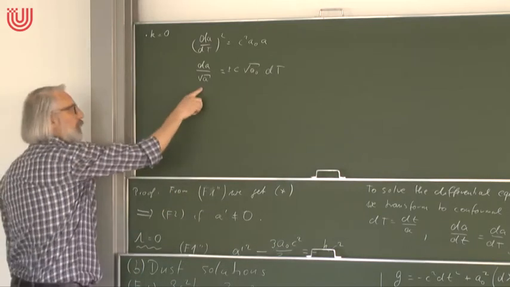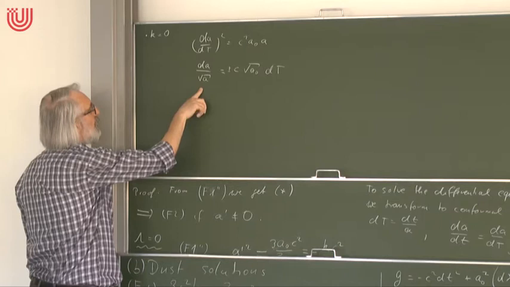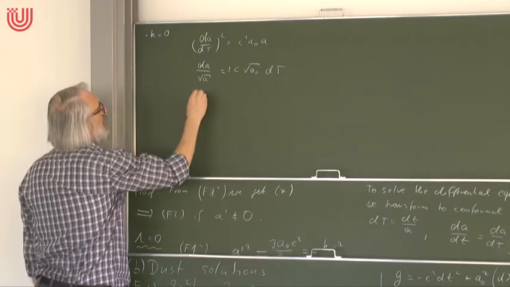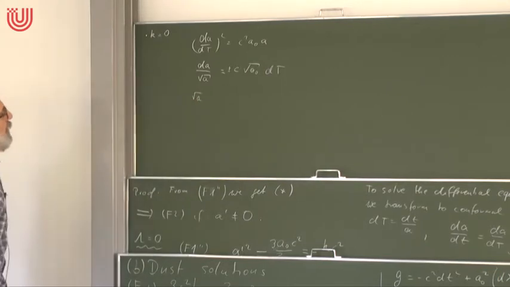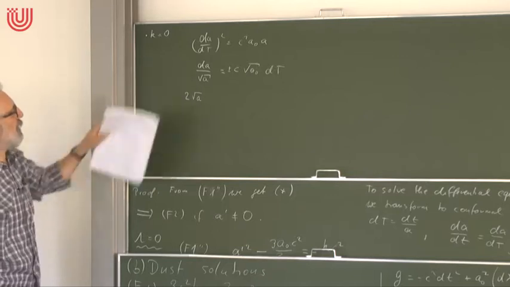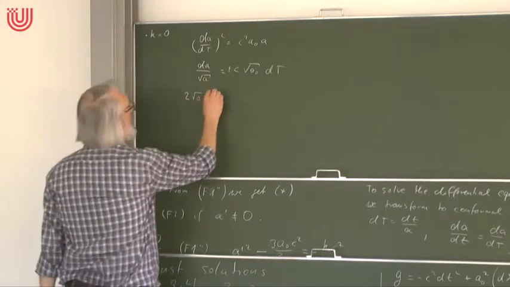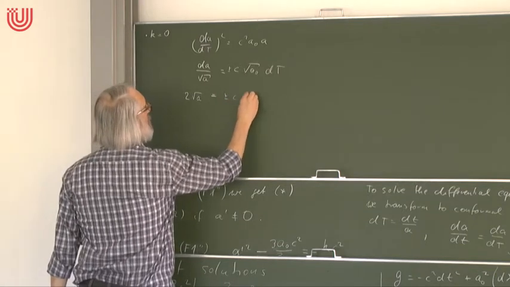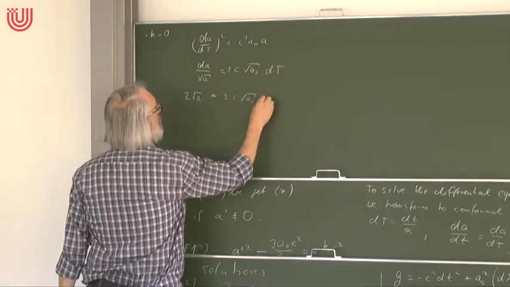And what do I have to differentiate in order to get 1 over the root? I have to differentiate the root itself, right? With a factor 2. Yeah? If I differentiate this, I get 1 over the root. And on the right-hand side, I have plus minus c root a naught.